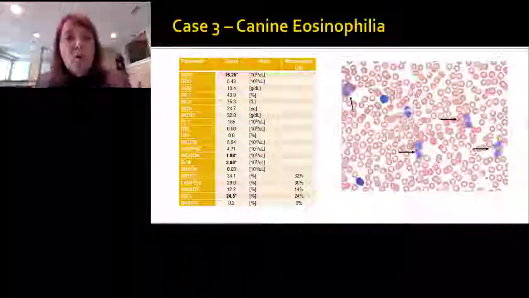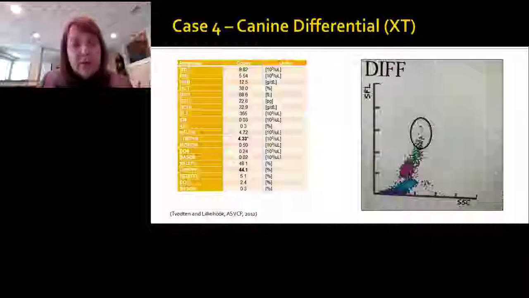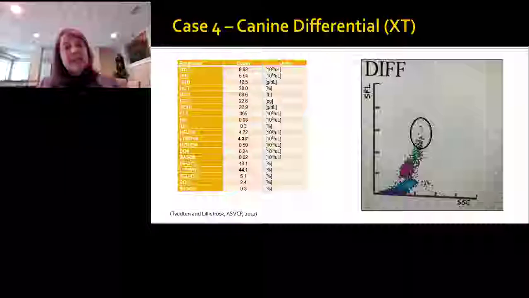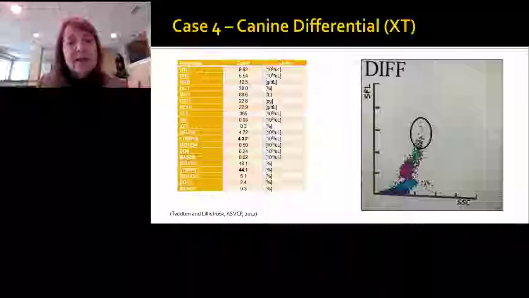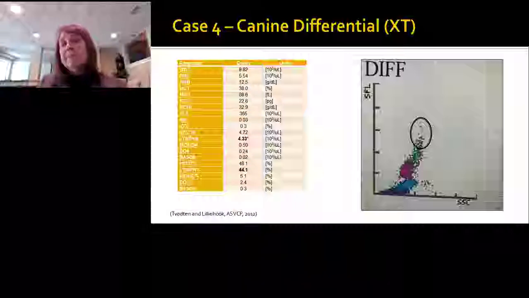All right, case 4. Again, a dog, and it looks kind of similar to what we've been looking at in our previous studies. But in this particular case, instead of this entire population being stained green, I seemingly have these cells that are wrapping around the sides of the mono, and the ones on the top are actually a different color.